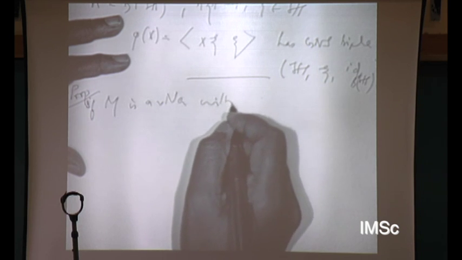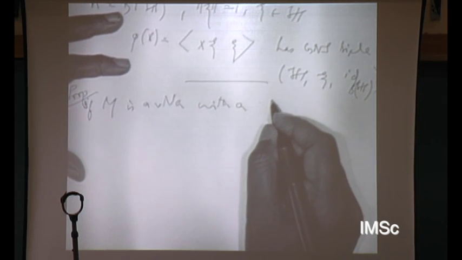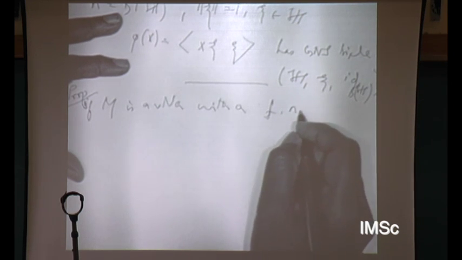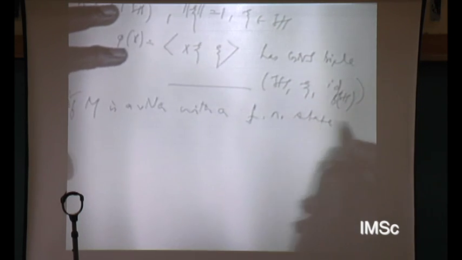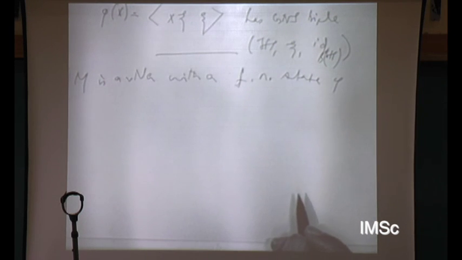with a faithful normal state. A state in a C-star algebra always means a positive functional, so that phi of 1 is 1.